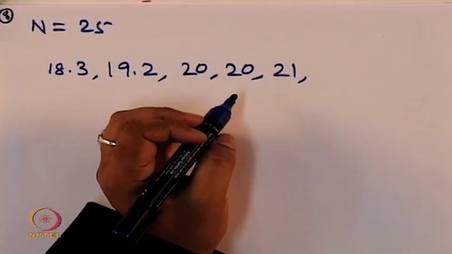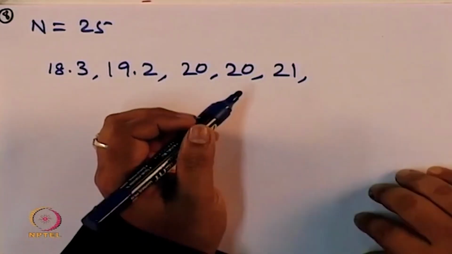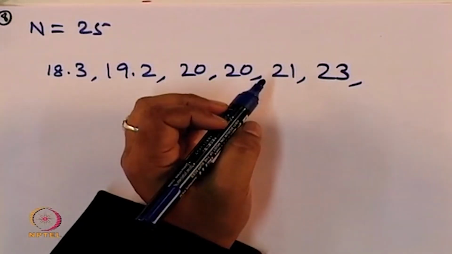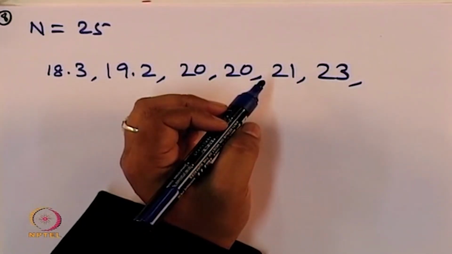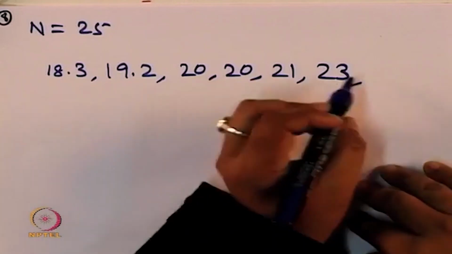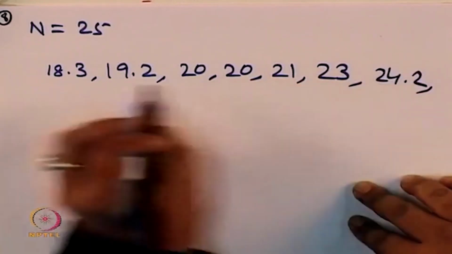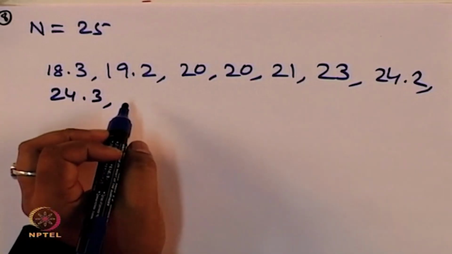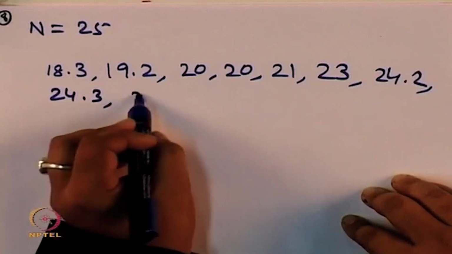After 21, I have 23. After 23 there is 24.2, 24.3, 24.2, 24.5.